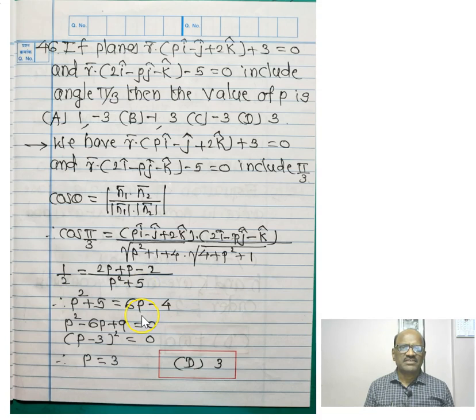Now simplify this: p times 3 minus 2, and with cross multiplication you get 6 minus 4, that is p square plus 5. Now simplify this: p square minus 6p plus 9 equals 0. Now it is a perfect square. Therefore the value of p is 3, and hence option D is correct.